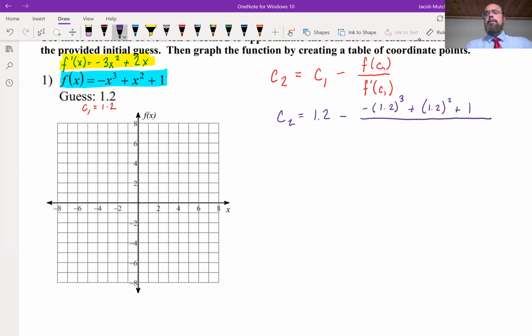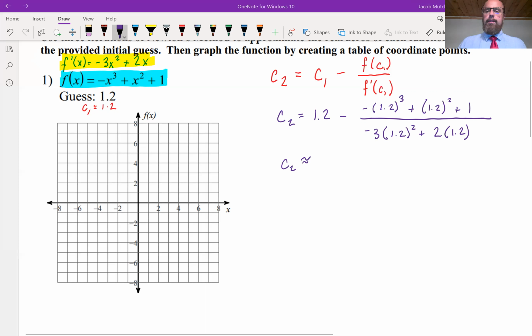That's the value of the function at 1.2, over negative 3 times 1.2 squared plus 2 times 1.2. That's the value of the derivative at 1.2. I need to calculate that, and I just want a decimal approximation for C sub 2. This will be our first iteration. So let's go over to the calculator.